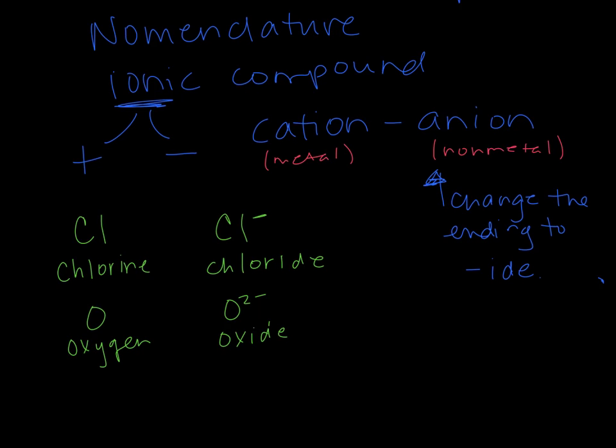And some of them can get kind of rough trying to figure out how the ending goes, but you get the hang of it after a while. All right, nitrogen is N, and so the anion becomes nitride.